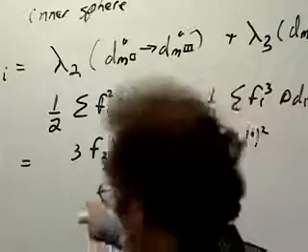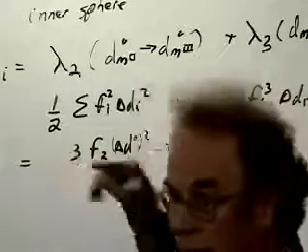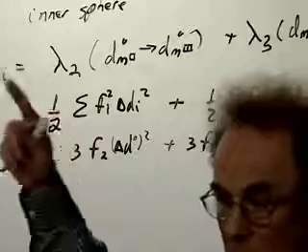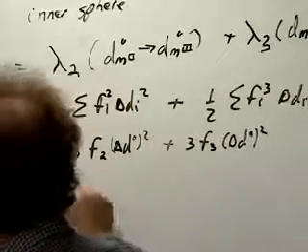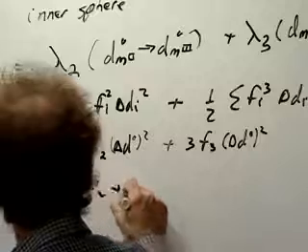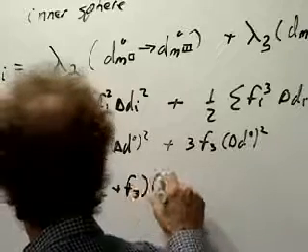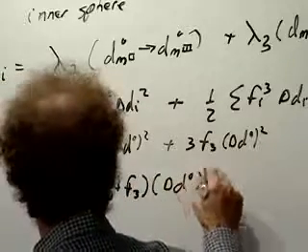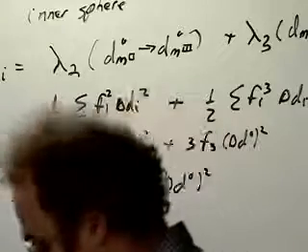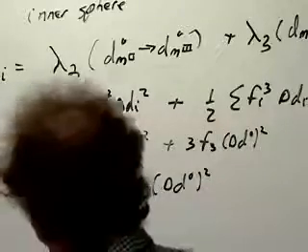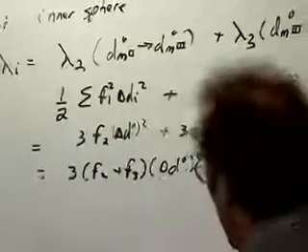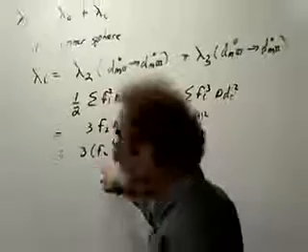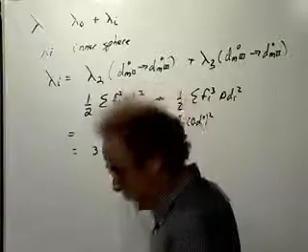But this is the reorganization energy, so it's not at the activated complex, it's at the products. So we get 3 F2 plus F3 times delta D0 squared. Now, if these force constants are not the same, and you wouldn't expect them to really be the same, then they have different contributions to the reorganization energy.